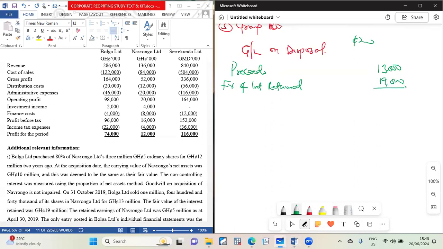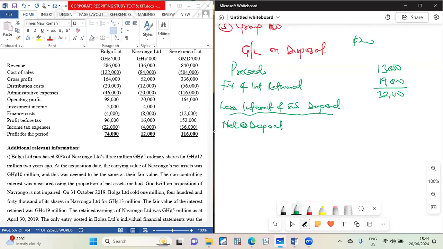Together, that gives me 32. Then we less interest disposed. So what we learned has come in here. What do we do? We do the net asset first, right? The net asset at disposal. And how do we find the net asset at disposal?